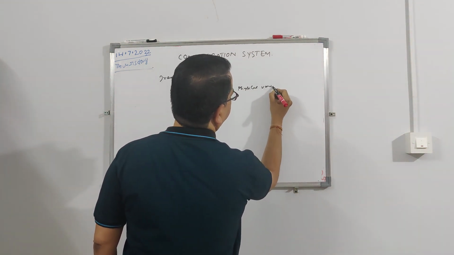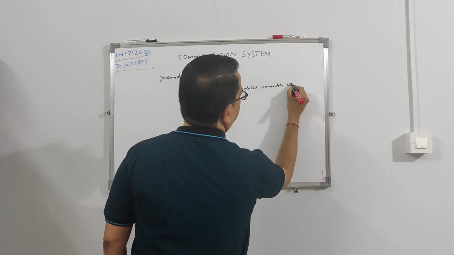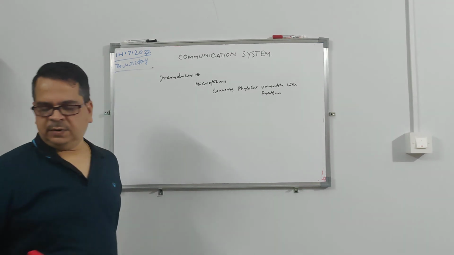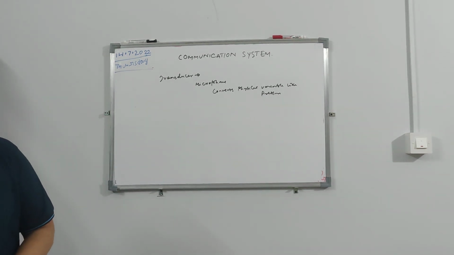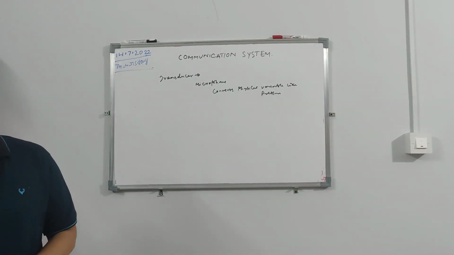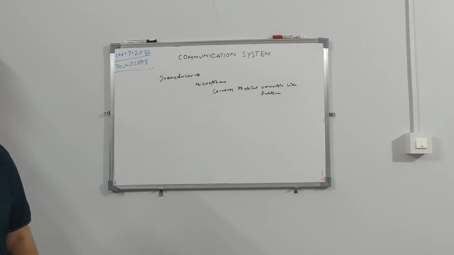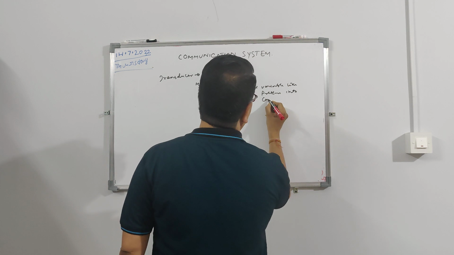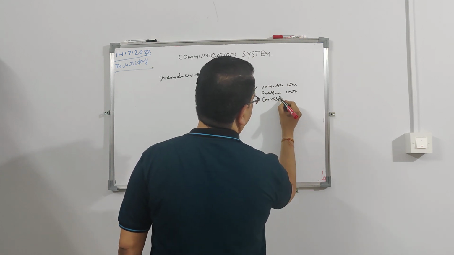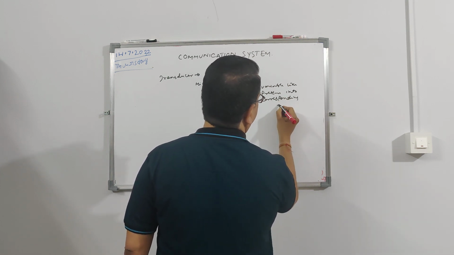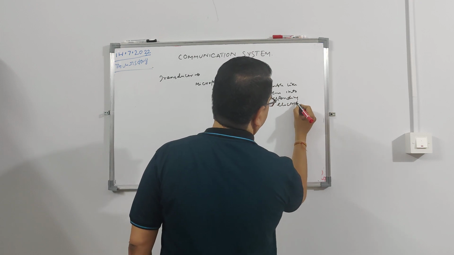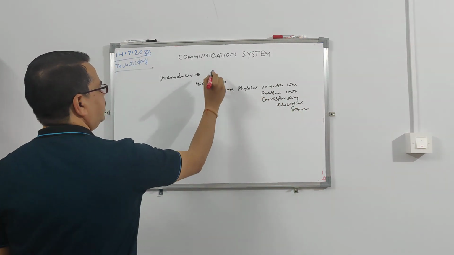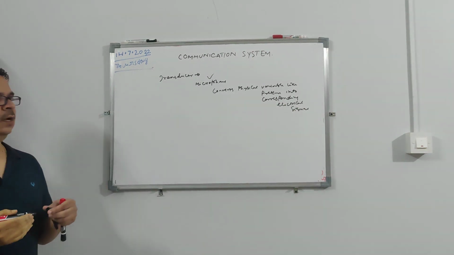It converts a physical variable like pressure, temperature, force, or displacement into a corresponding electrical signal. Your example is the microphone.